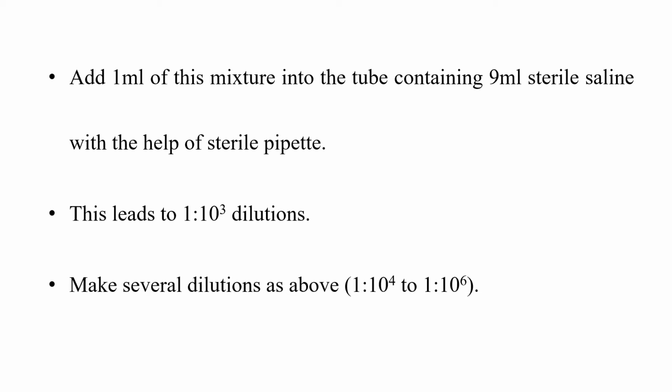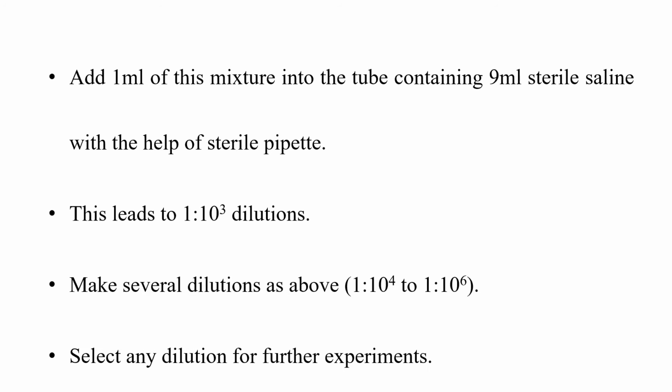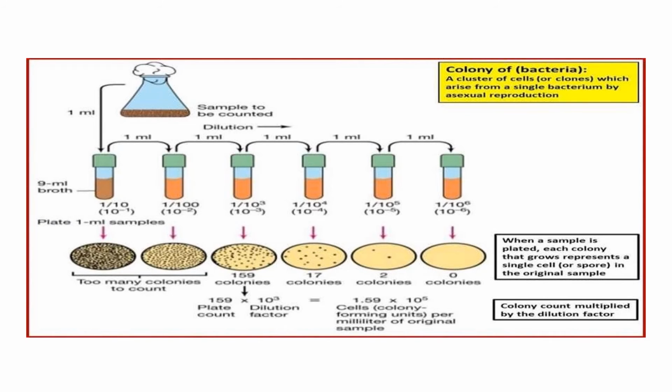Make several dilutions as in the process mentioned above, which leads to dilutions like 1:10⁻⁴, 1:10⁻⁵, and 1:10⁻⁶. Now you can select any dilution for the further experiment. Now this is the dilution scheme which we used.